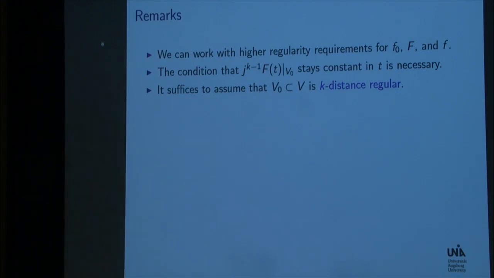And also, I said that V0 must be a submanifold. This is an interesting point because Misha says in his 2018 paper in a footnote that probably we can work with just closed subsets. And I think that's not so easy to see, so we didn't quite get that. We can prove our statement for what we call k-distance regular subsets.